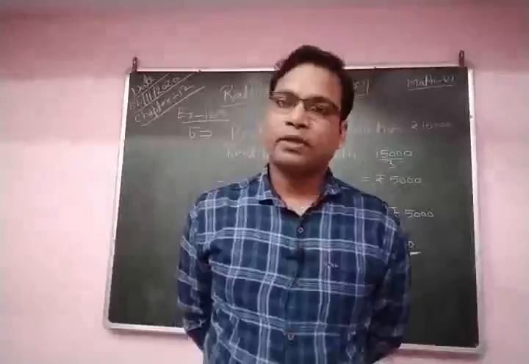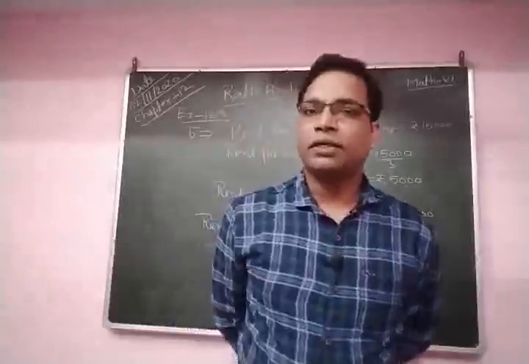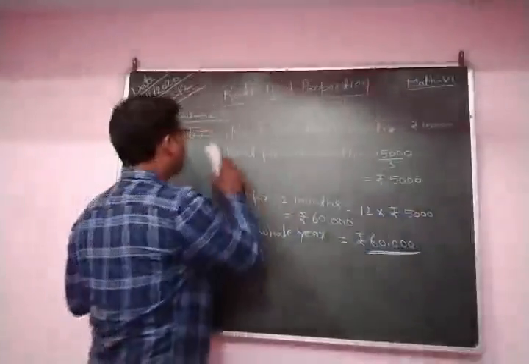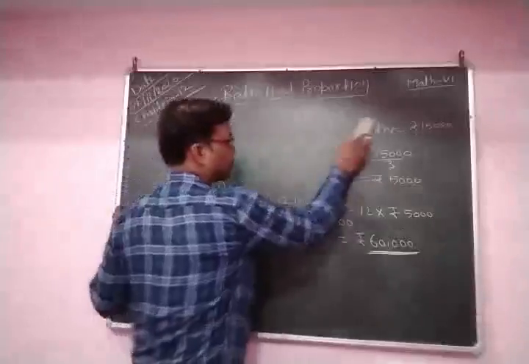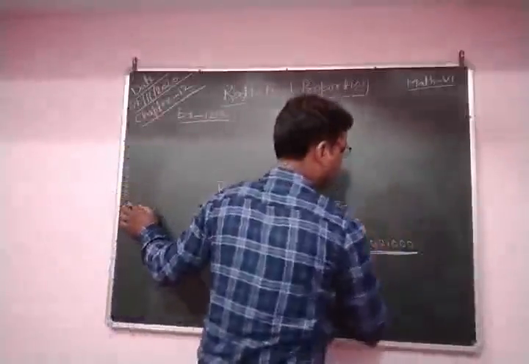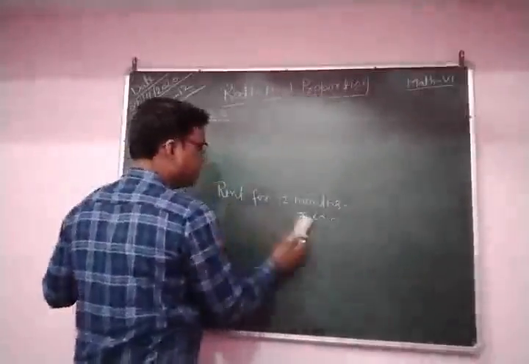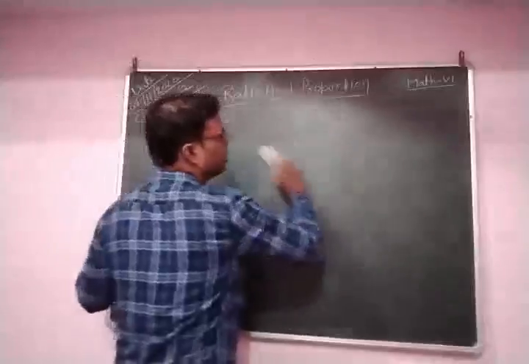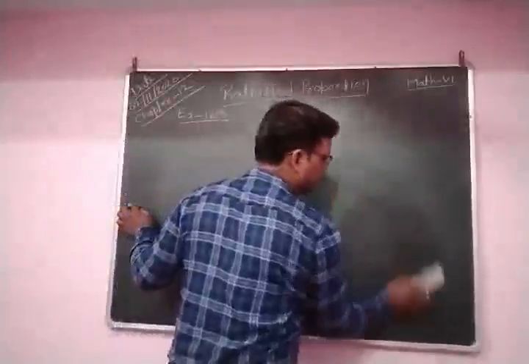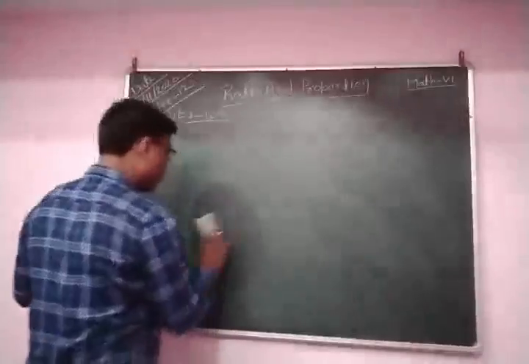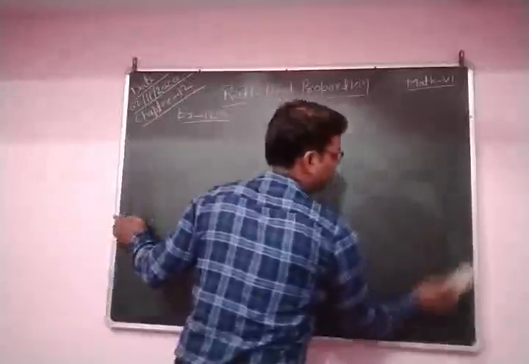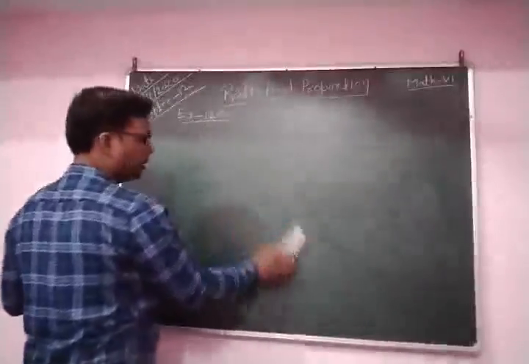Okay, so let's see how to solve these questions. This is question number 7. The cost of 4 dozen bananas is given. In such type of questions, you can solve in several ways. First we find the cost of 1 dozen bananas. After this, you can find the number of bananas that can be purchased for 90 rupees.